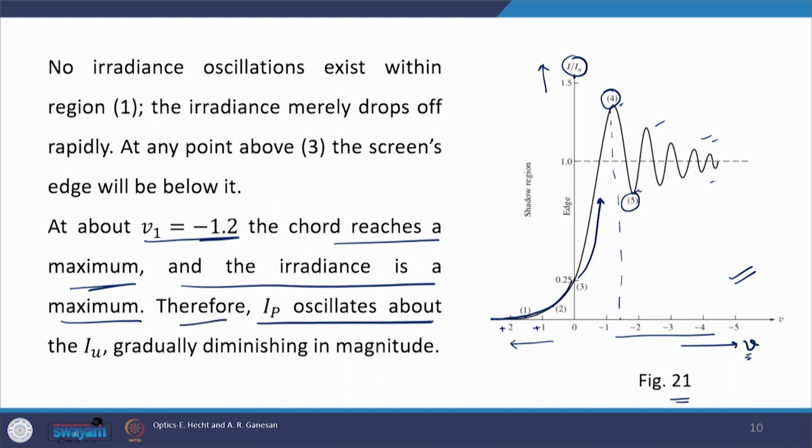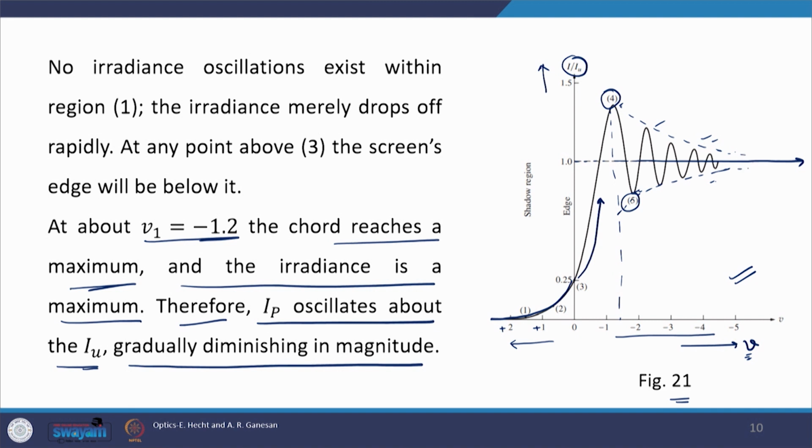Therefore, IP oscillates about IU, gradually diminishing in magnitude. This horizontal line is the IU value, and this oscillation is about this IU, and slowly the amplitude is decaying down. If you plot the envelope, you see the amplitude slowly decaying as you move further up.